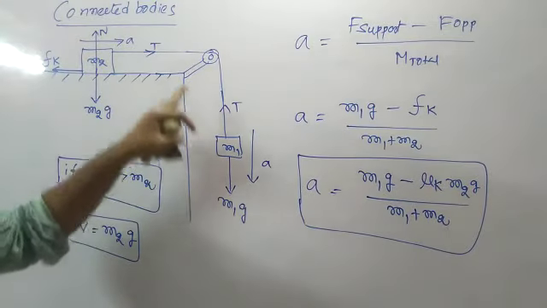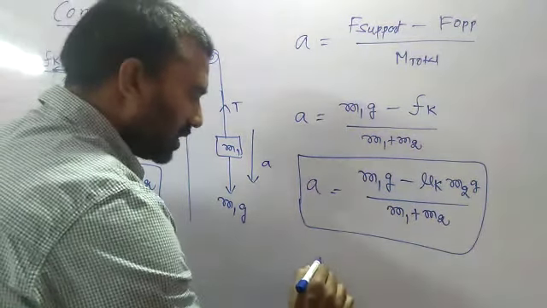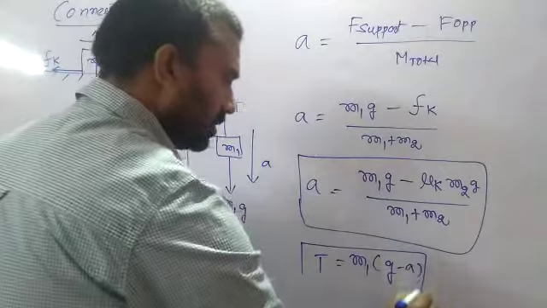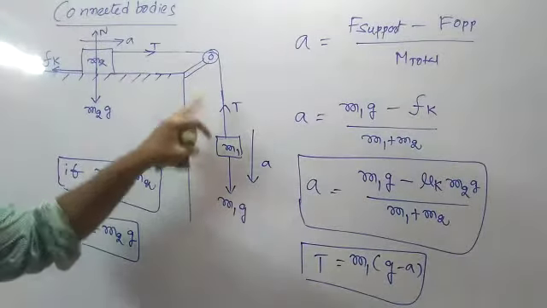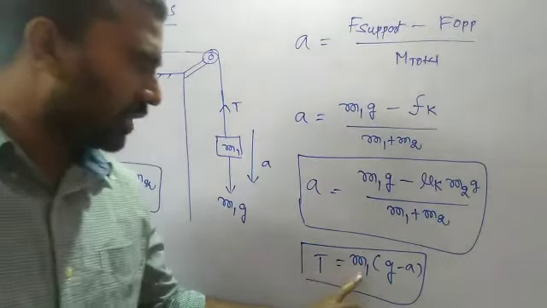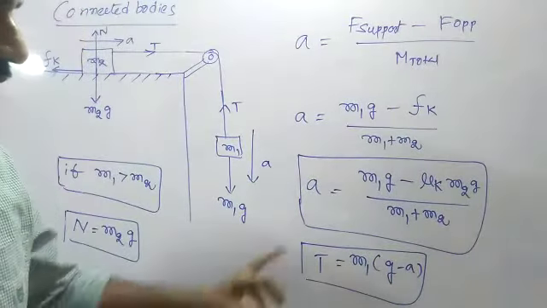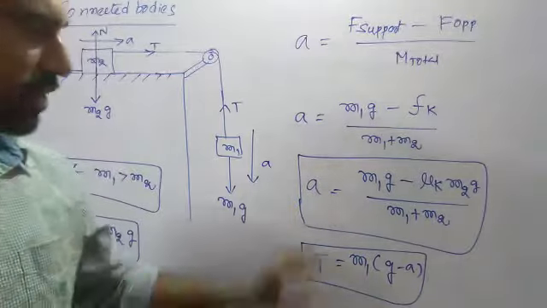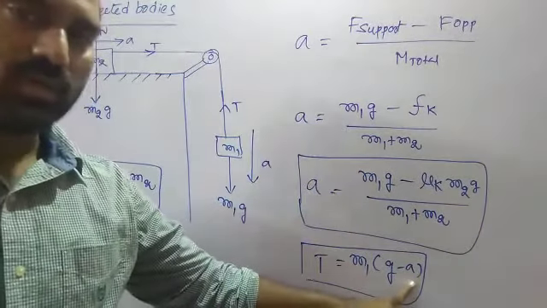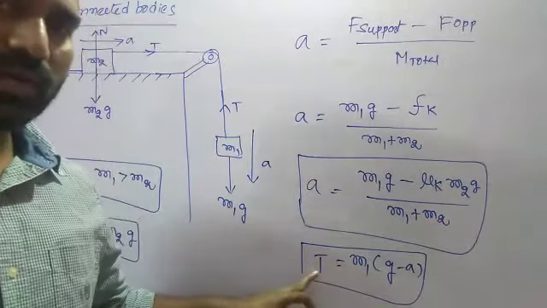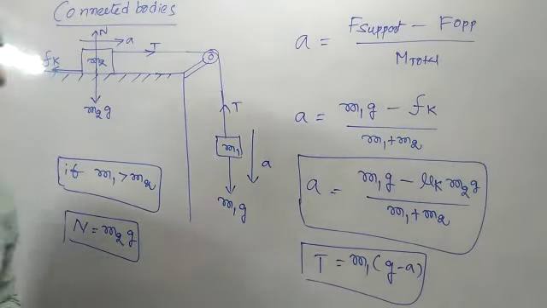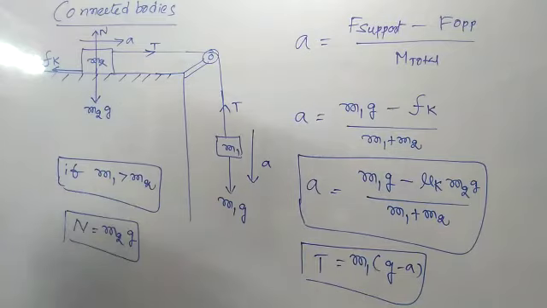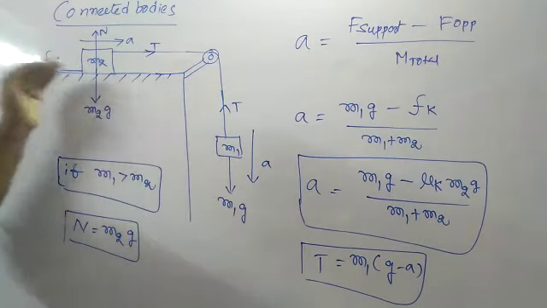Since block M1 is moving down, tension in the string T is equal to M1 times G minus A. First calculate the acceleration, then substitute the A value in this equation, and only then can you calculate the tension T. Block M1 is accelerating down and this block is accelerating horizontally.